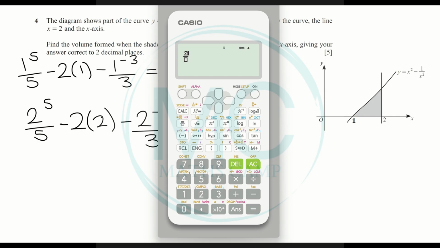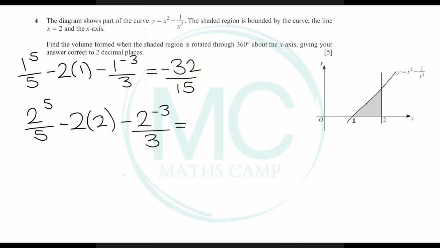We have 2 with an exponent of 5 over 5 minus 2 multiplied by 2 minus the fraction of 2 with an exponent of negative 3 over 3 is equal to 283 over 120.